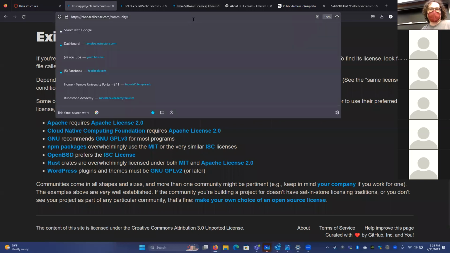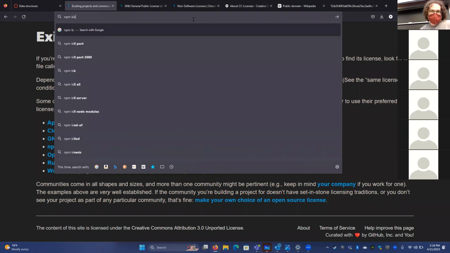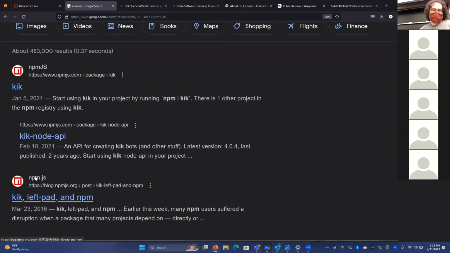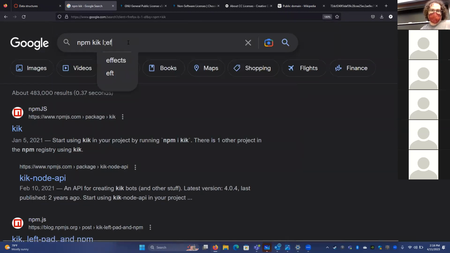One very famous example of this happened in 2016. In fact, a lot of what we're going to be talking about happened in 2016 and 2015. So, NPM, a package got removed.